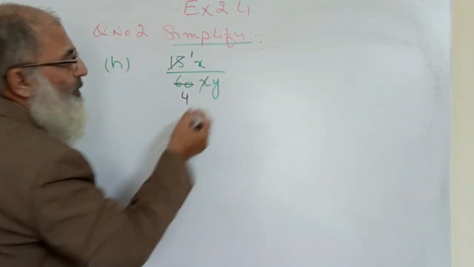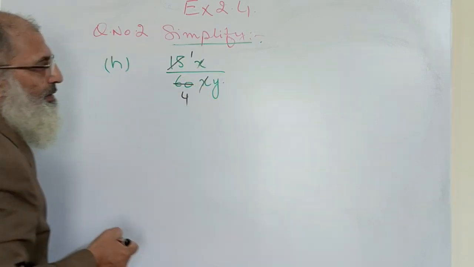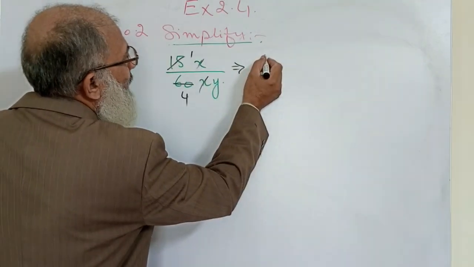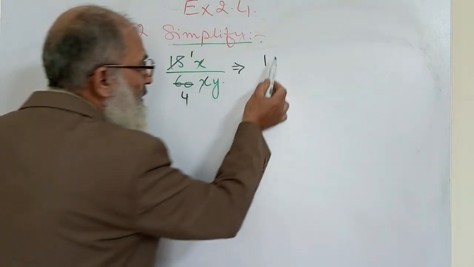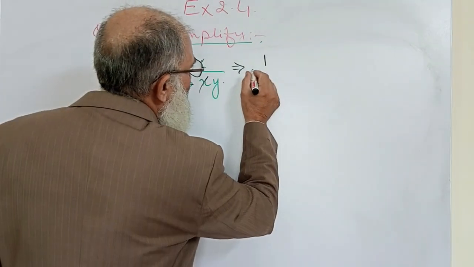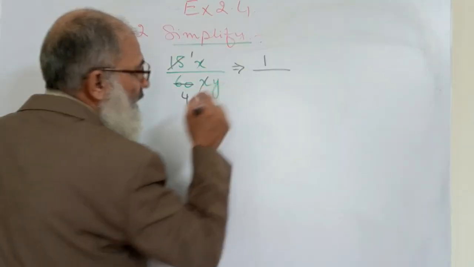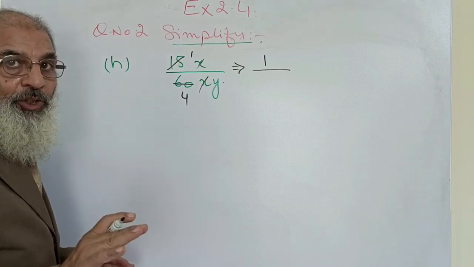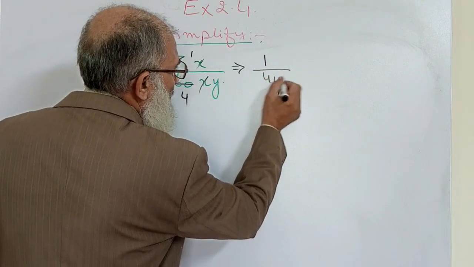Same will be the cancelling effect, x times x. Now the answer will become 1. Now you will have to write the 1 over here, so you cannot leave this one out. If it comes in the numerator, you must write it; if it comes in the denominator, then there is no need to write 1. So 4y is left over here.